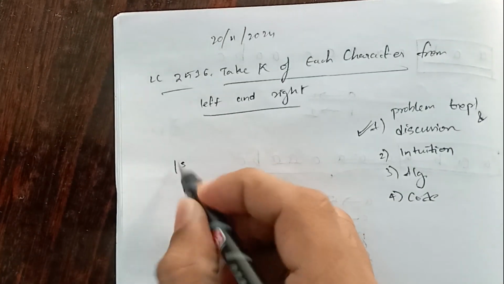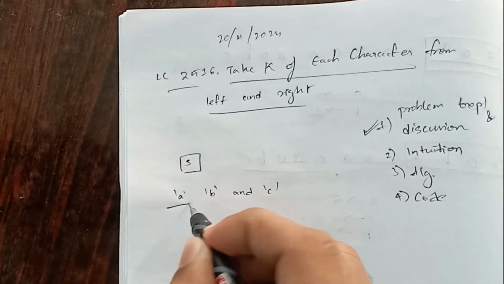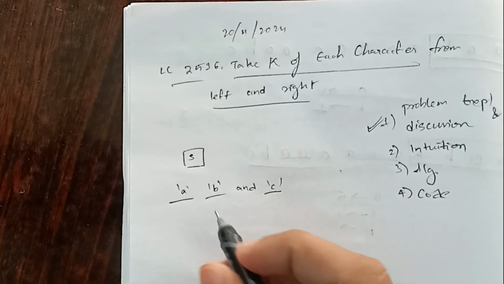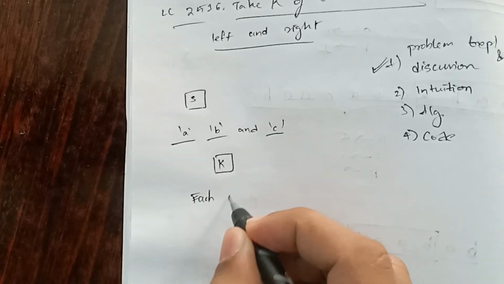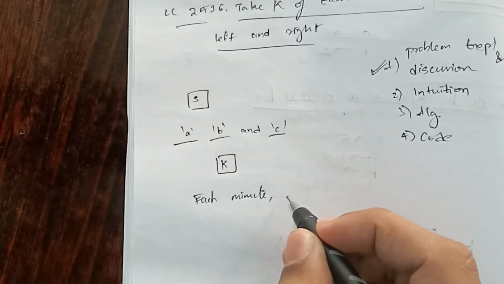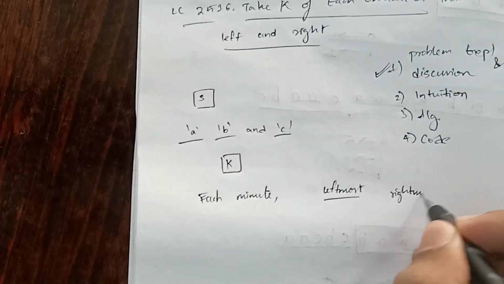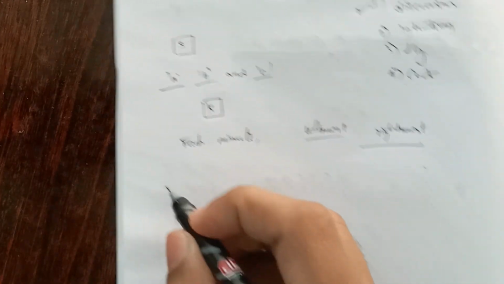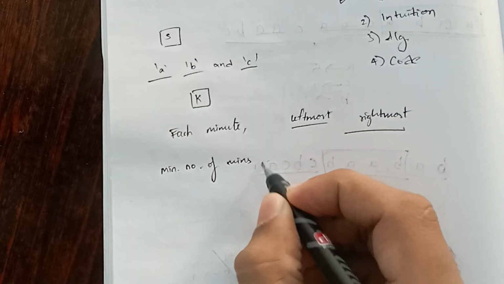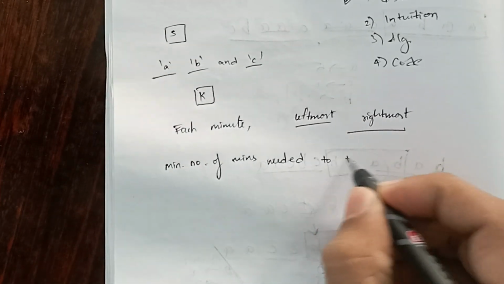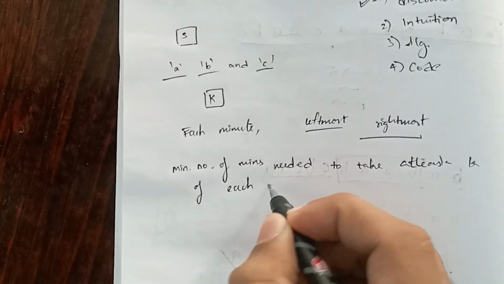You are given a string S consisting only of characters A, B, and C. We are having only A, B, and C, and we are also given a non-negative integer K. Now, each minute, you may take either the leftmost character or the rightmost character of S. So, we need to return the minimum number of minutes needed for us to take at least k of each character.